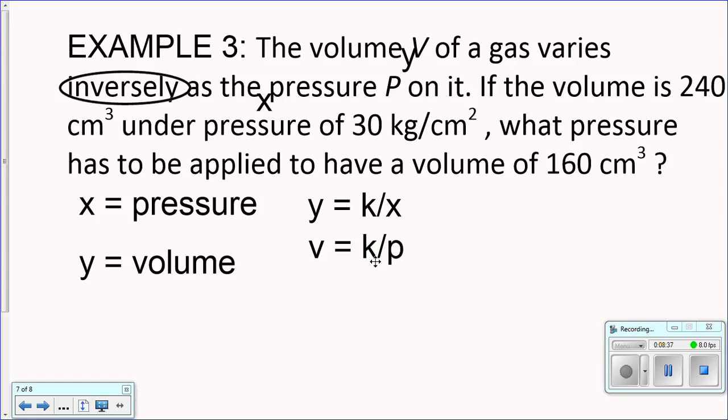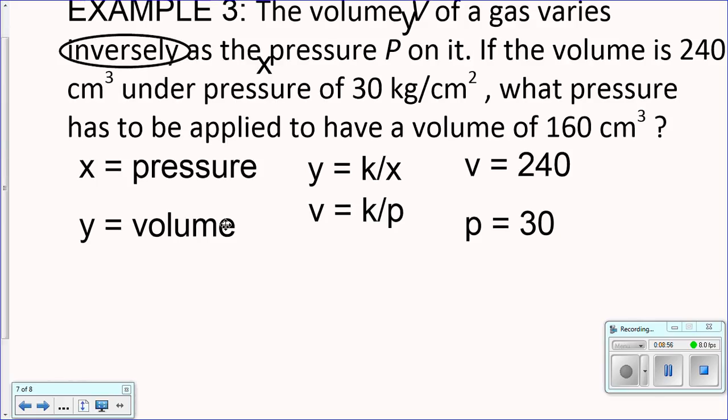And I still need a number for K. Now, that sucks because they didn't tell me. But, good thing, they did tell me a volume that you get when you put this kind of pressure on it. So that's basically my ordered pair. When V equals 240, P is 30. So I'm going to plug that in here and find out what my K is.